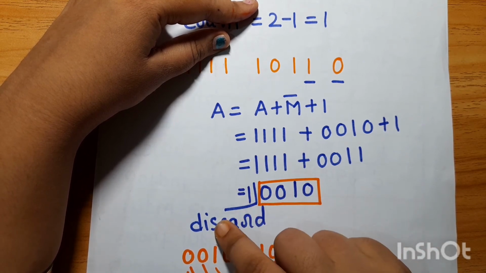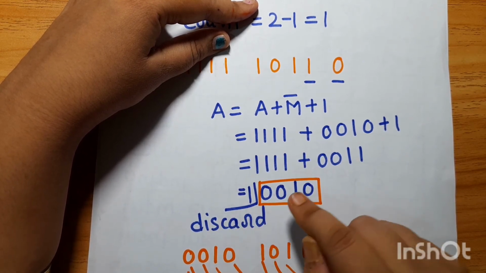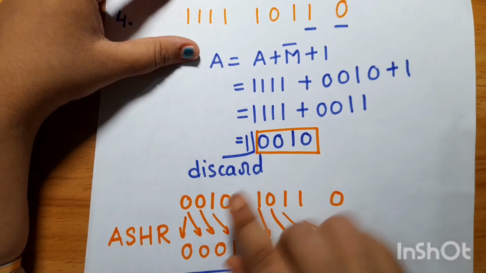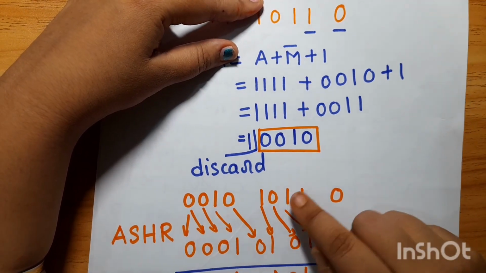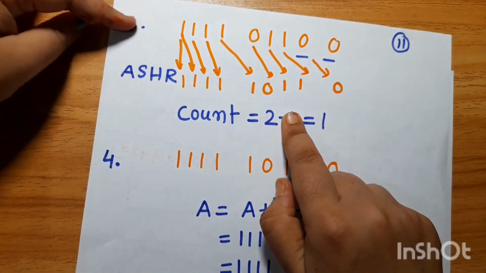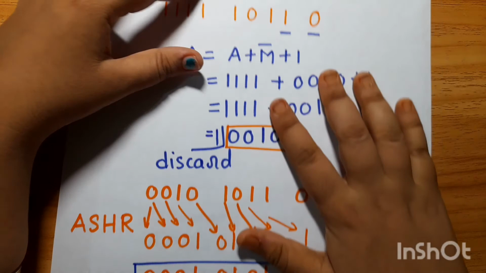So the most significant bit I will discard, and the value will be 0 0 1 0. Okay, the A value. So 0 0 1 0, 1 0 1 1.